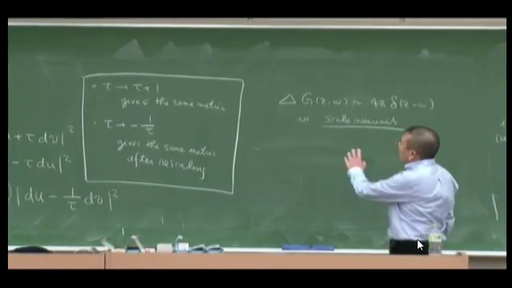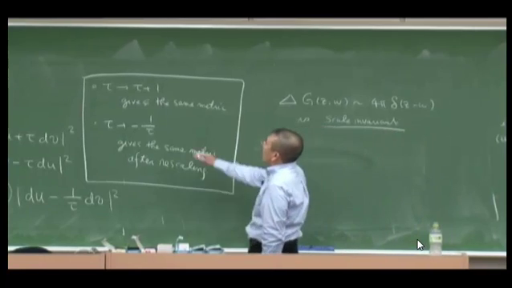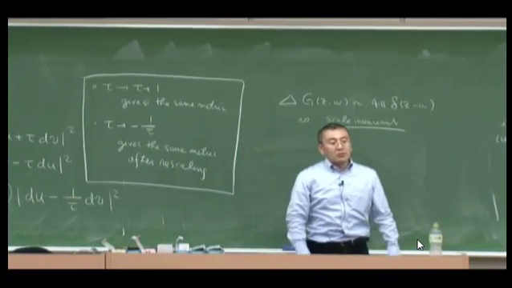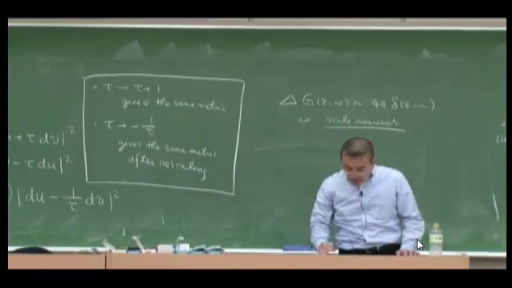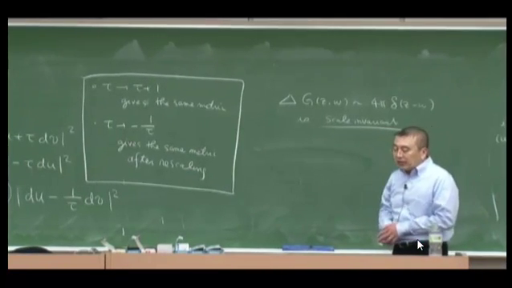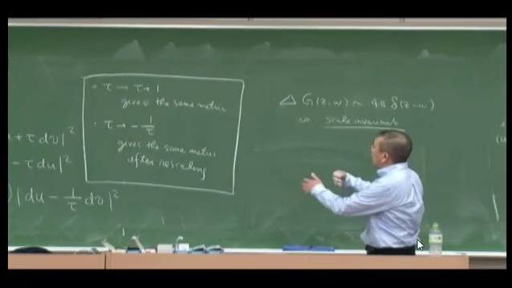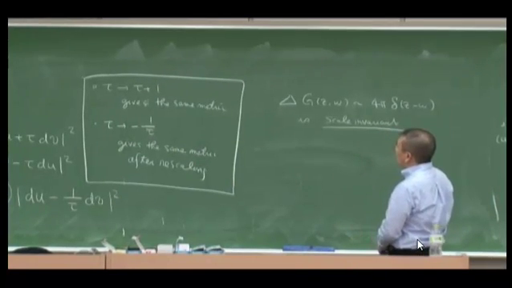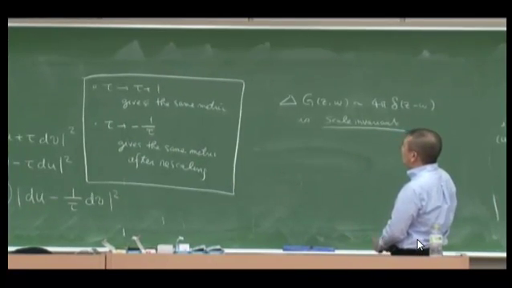One can show that these two transformations, tau goes to tau plus 1 and tau goes to minus 1 over tau, generate the entire symmetry that relates two different metrics modulo rescaling.